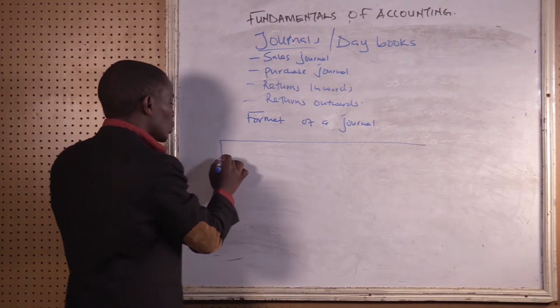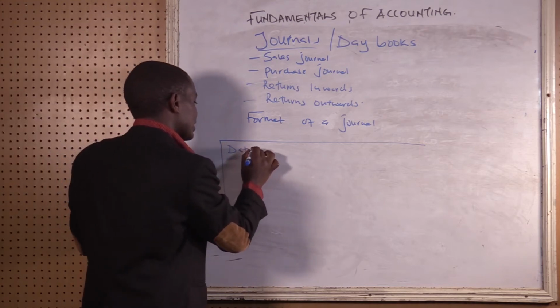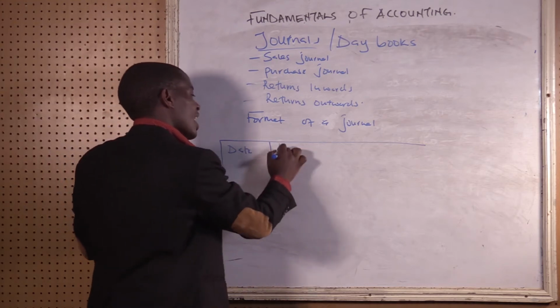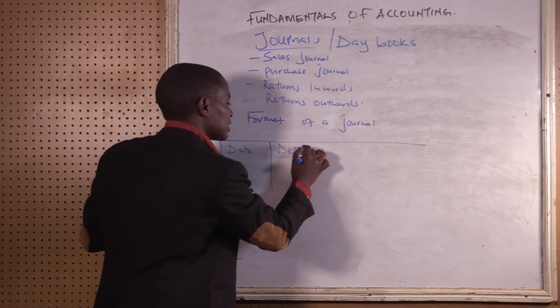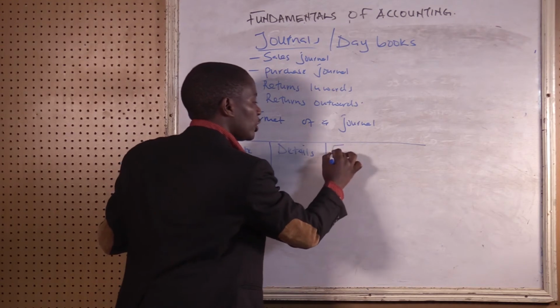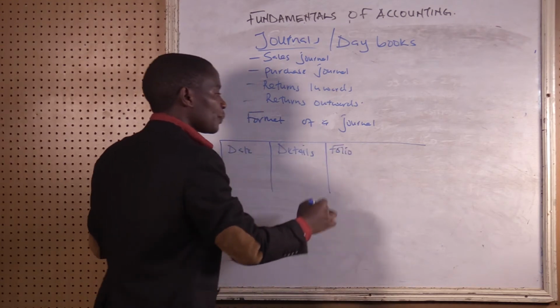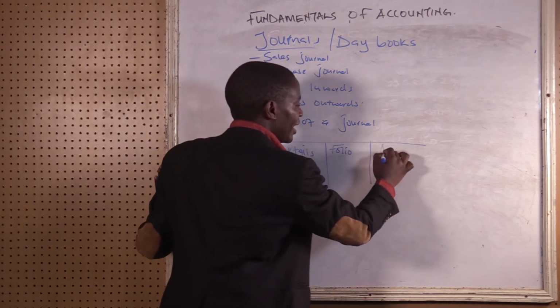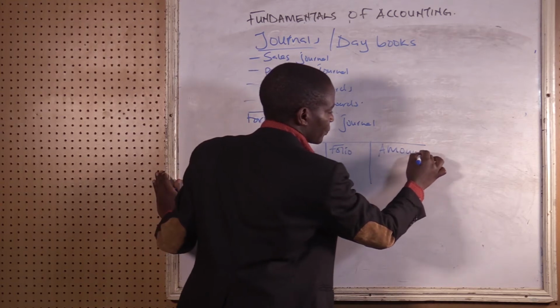We usually start with the date, then we have the details, then the folio, and then the amount.